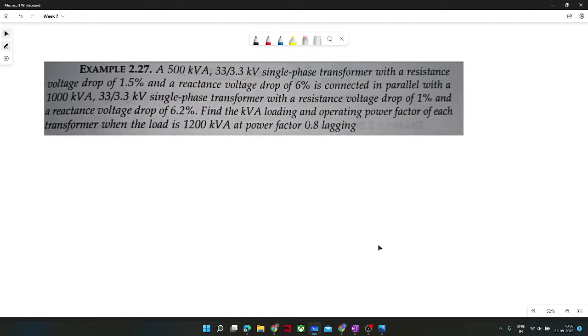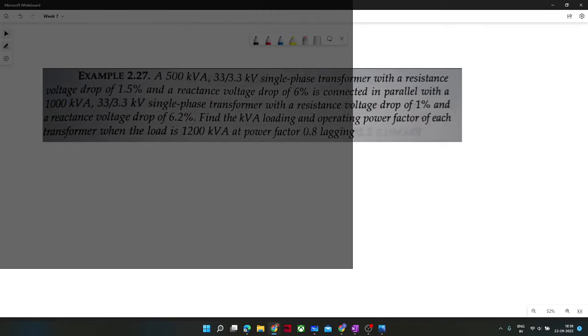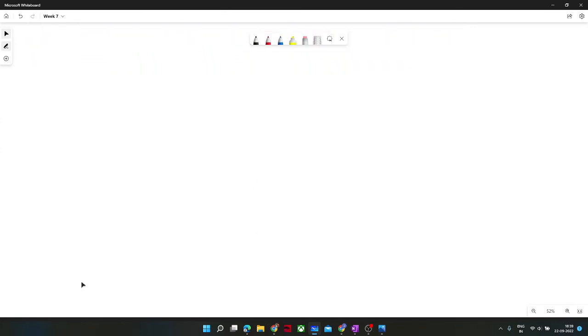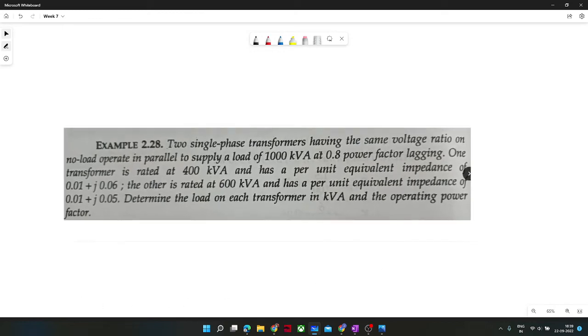So you guys can read the problem. So let us start with a basic problem, then we will go in percentage terms. This is also a problem shared by Abhishek.